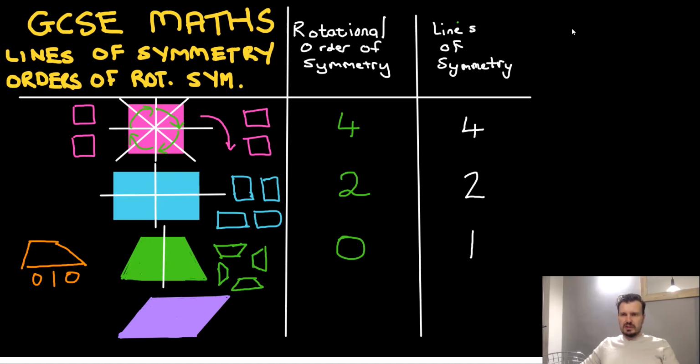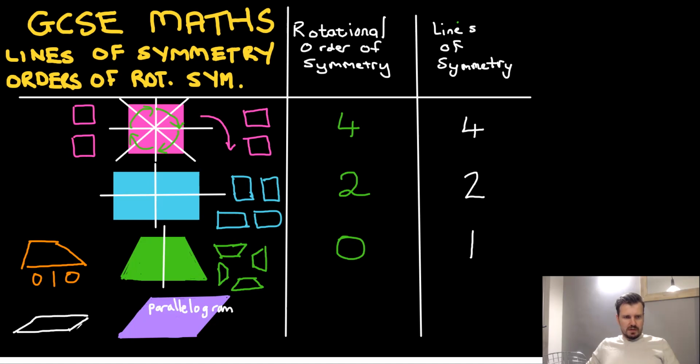A rhombus is actually like a diamond, turned on its side. So here we'll just write parallelogram so we don't get confused. It's like a squashed-down rectangle.